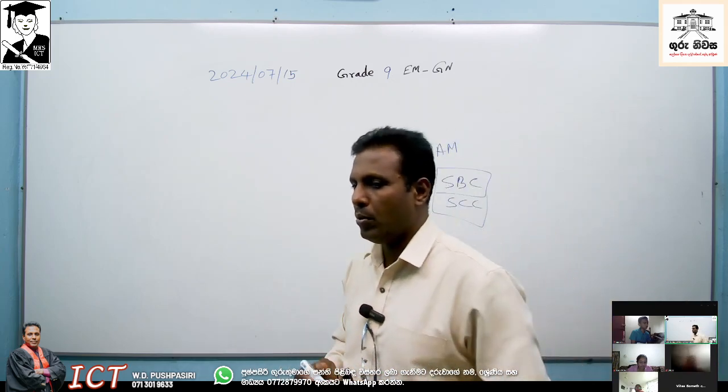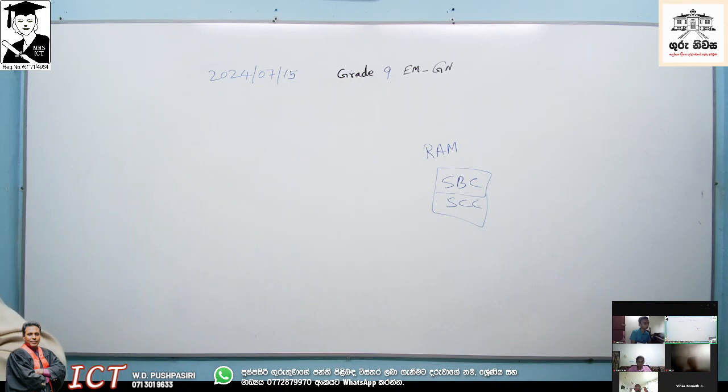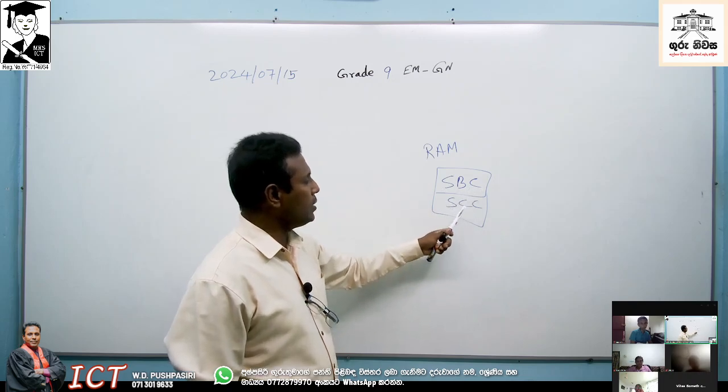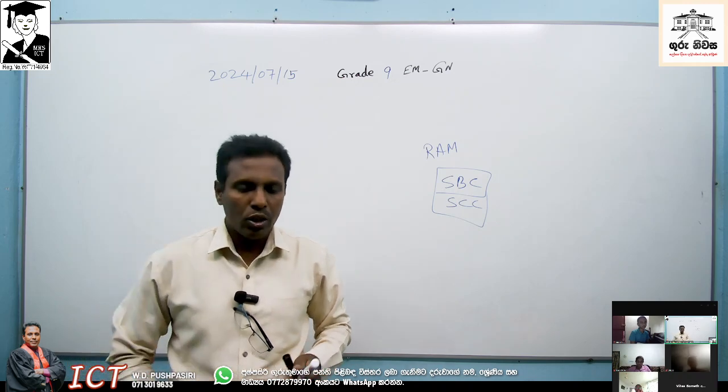One is SBC and the other one is SCC. SBC means single board computer. SCC means single chip computer. Why are we calling it a computer? Because those chips are working as a computer.